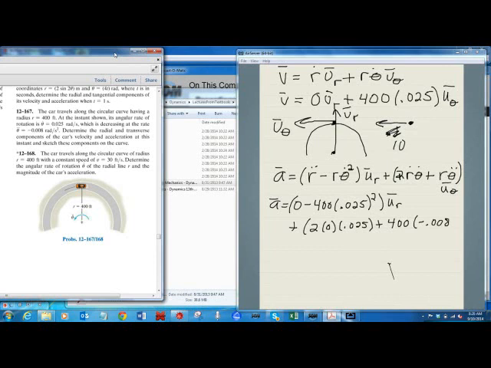That's not 400 minus that, that's 400 times that.